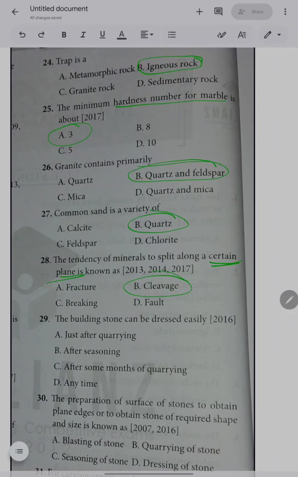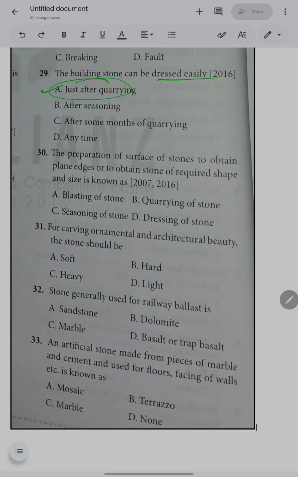Okay, next question. The building stone can be dressed easily just after quarrying, after seasoning, after some months of quarrying, or any time. So building stones can be dressed easily just after quarrying. Option A is the correct answer. Next question.